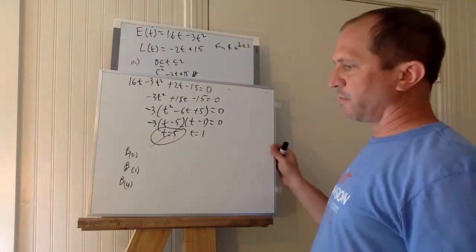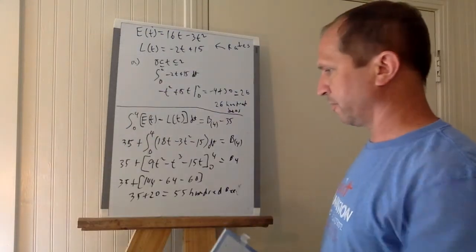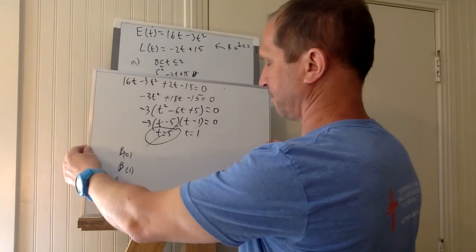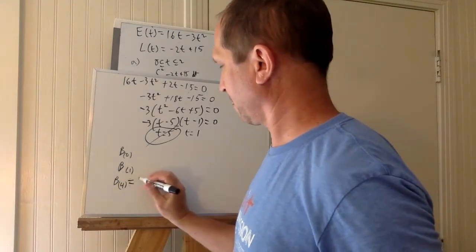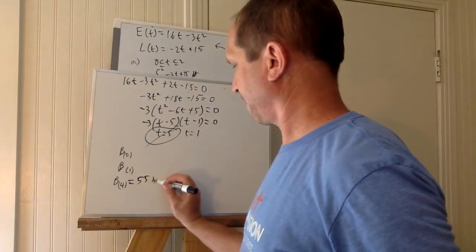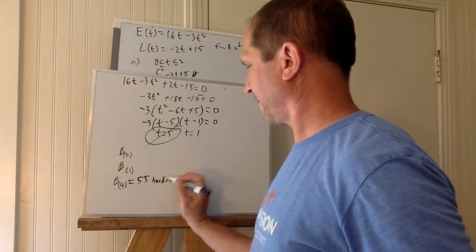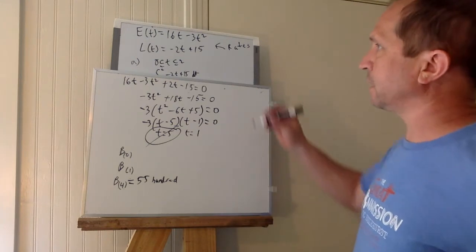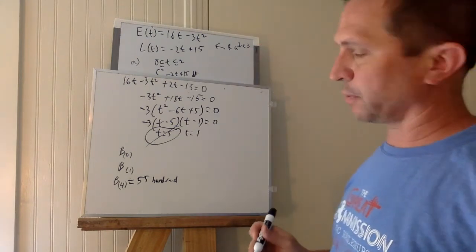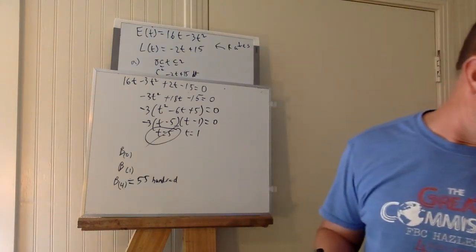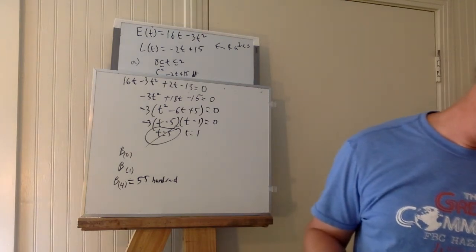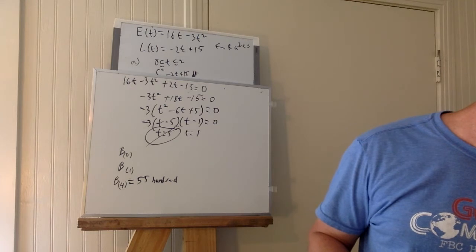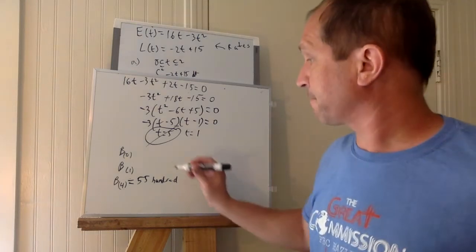Earlier we solved the number of bees at 4. The number of bees at 4 is 5,500. And we already know the bees at 0, the original number they gave us, and that was 3,500.